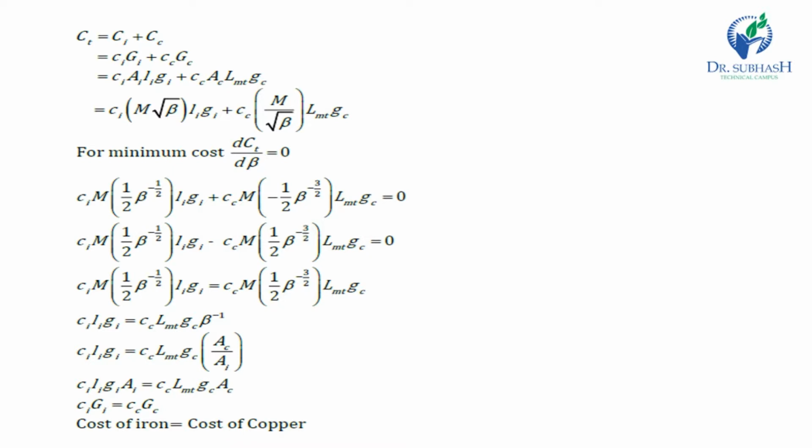So Ci and Cc are the cost of iron and the cost of copper. To find the minimum cost of any transformer, we have to equate the cost of iron and the cost of copper.